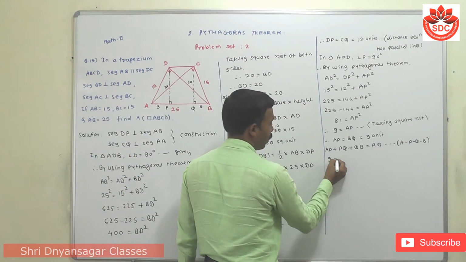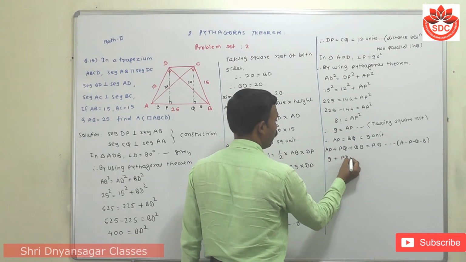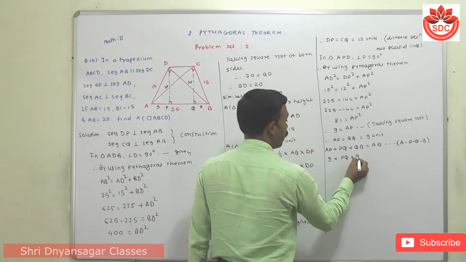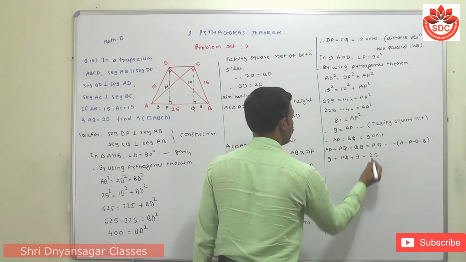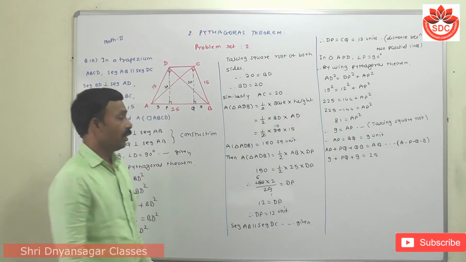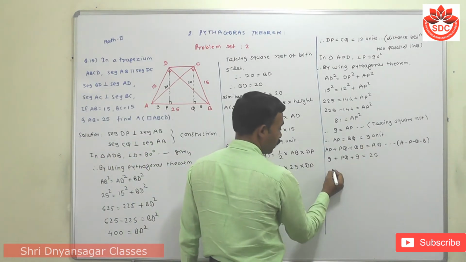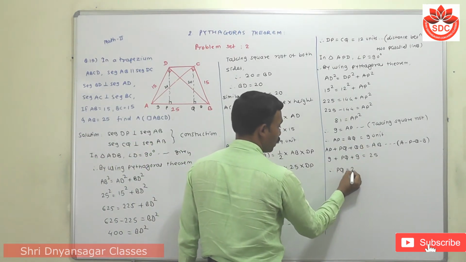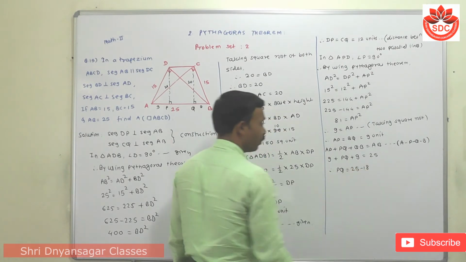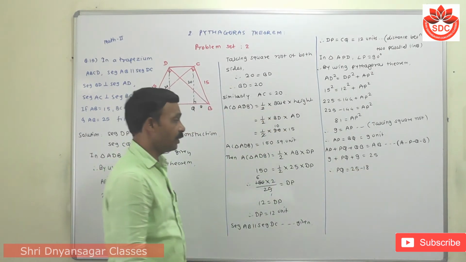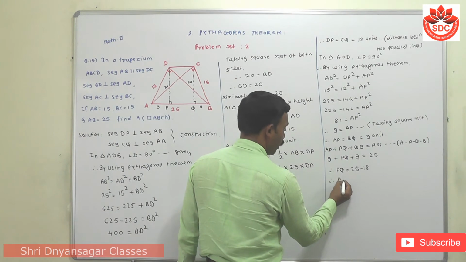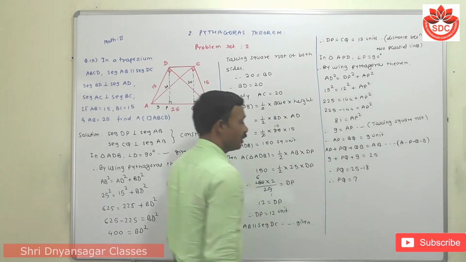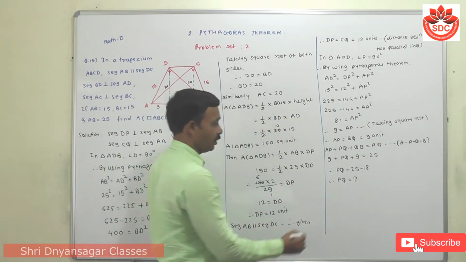This is 9 plus PQ, we have to find here, plus QB is 9, is equal to AB is how much? 25. 9 plus 9 is 18. Transpose to the other side. Therefore, PQ is equal to 25 minus 18. The subtraction becomes PQ is equal to how much? 7 units.